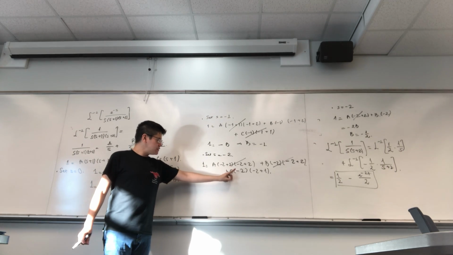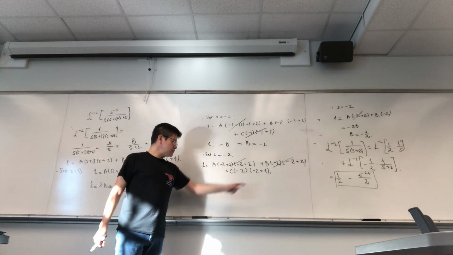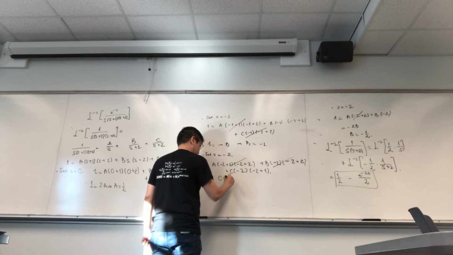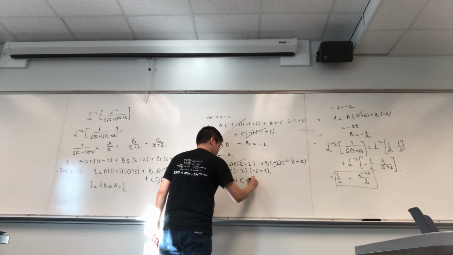The leftover is just c (-2)(-2 plus 1), so I have 1 equals c times 2, so c is 1/2.